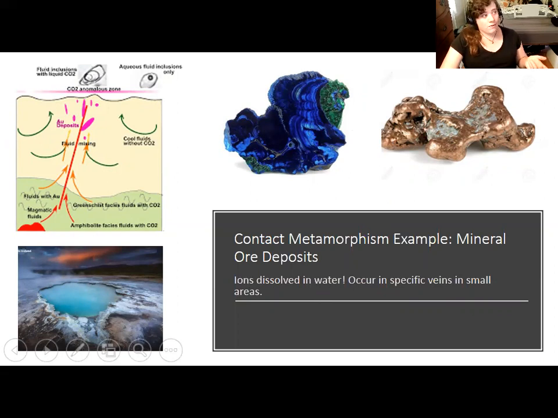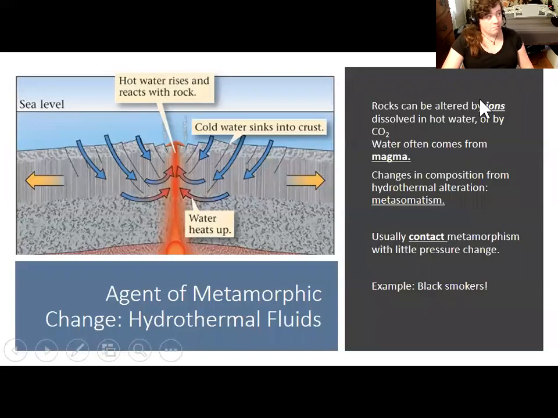And this is often how we get veins of minerals that are considered to be economically worthwhile. They're left behind by a contact metamorphism process. And in general, an important agent of metamorphic change is collectively what's known as hydrothermal fluids.